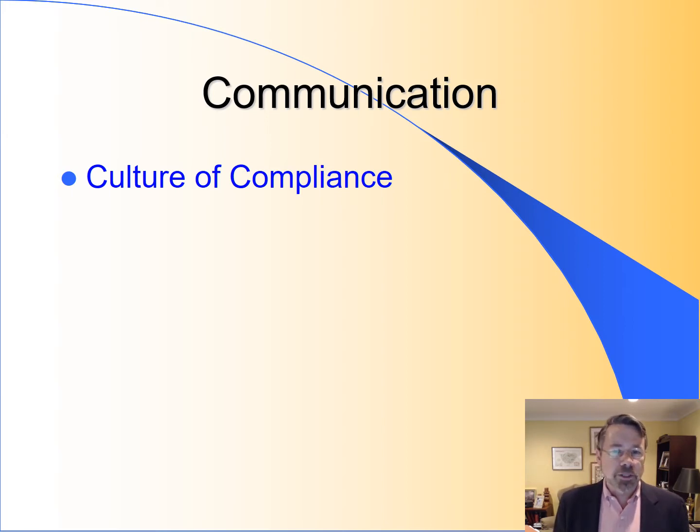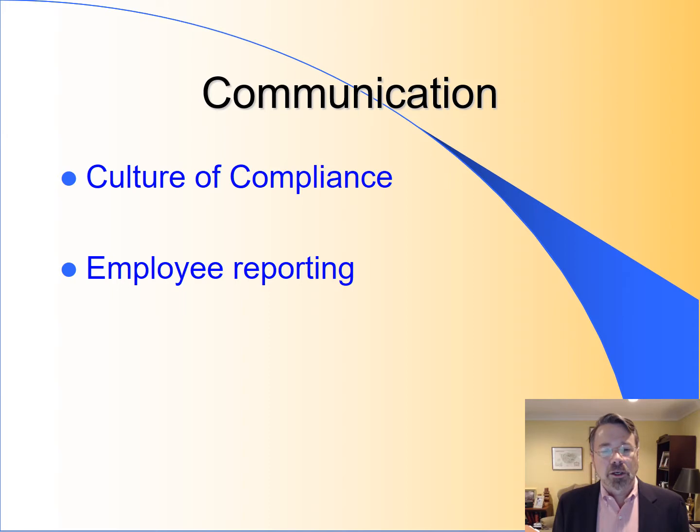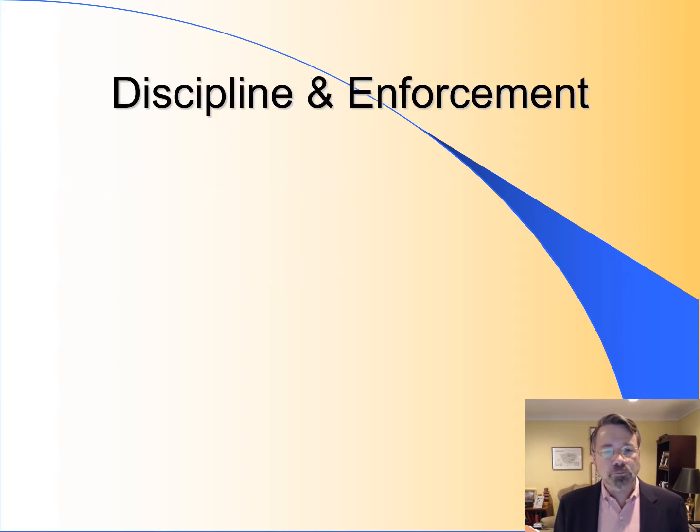So it's important that the entire organization really put forward that they are wanting to be a compliant organization. Employees have to be comfortable reporting any deviation either by themselves or by a unit or in a system that is out of whack, that may be non-compliant with the regulations and laws that are applicable.